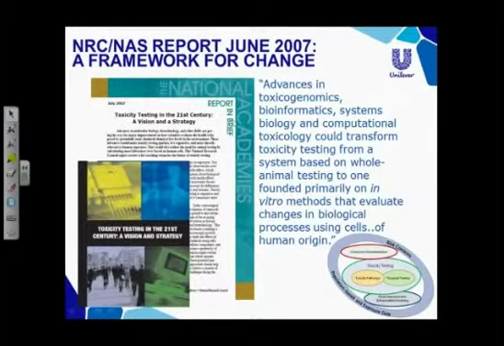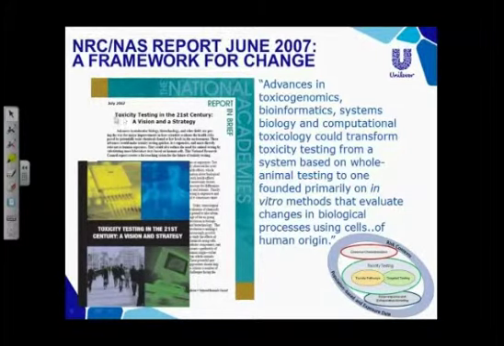This report. Anybody seen this report before? Yeah, a few. Okay, so this came out of the National Research Council, National Academy of Sciences in the United States, who every now and then get smart people together in a room and try and tackle thorny issues and difficult areas of science.